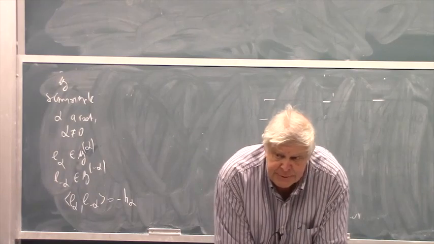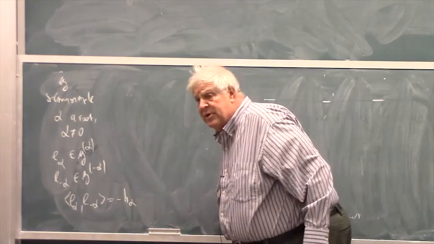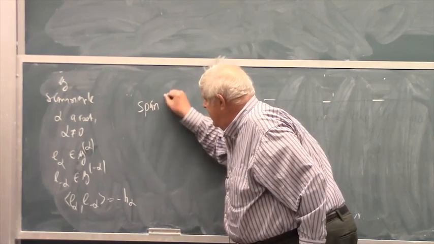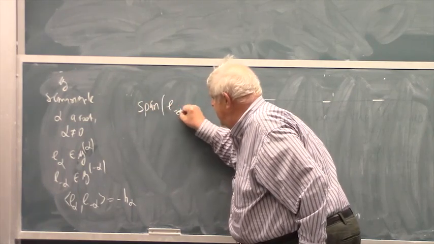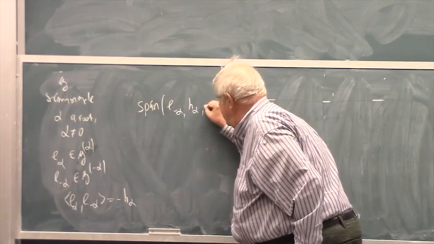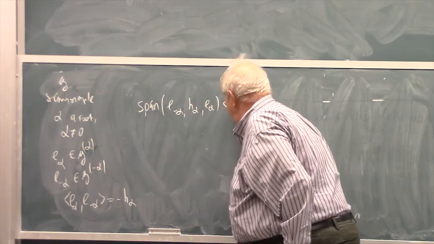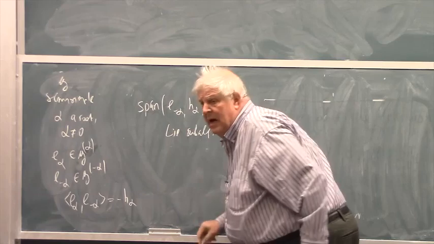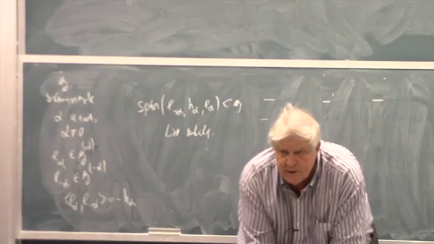So we have these three elements, and it is very clear that if we take their span, this will be a Lie subalgebra of G, three-dimensional.